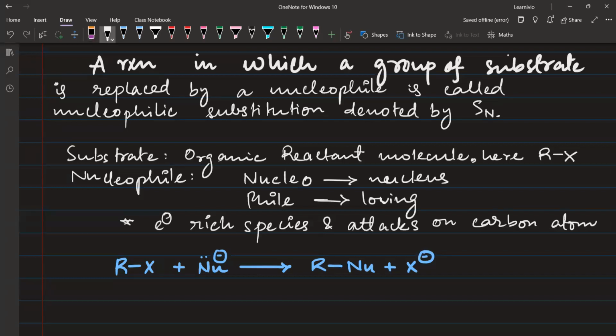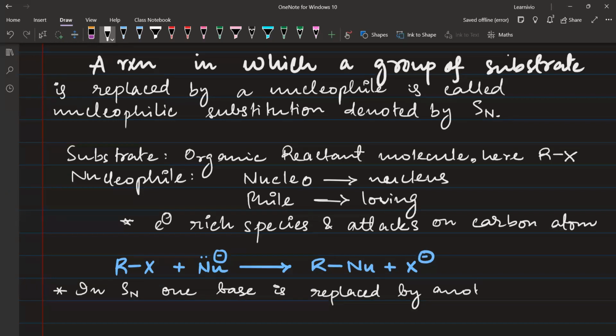What is happening in SN? Please write. In SN, one base is replaced by another base. The incoming base is a new base that is incoming.